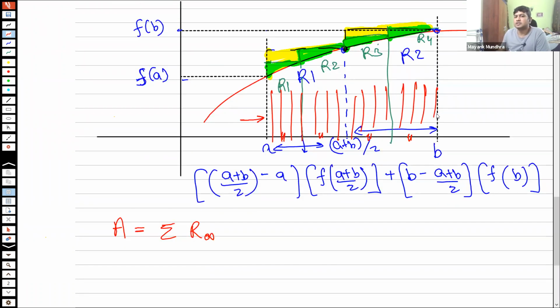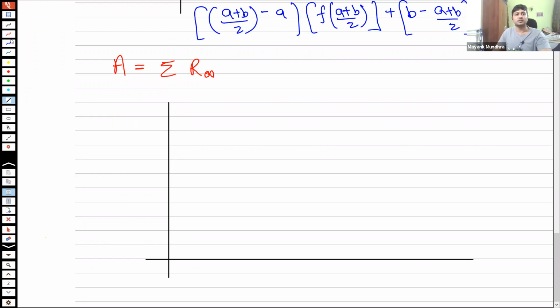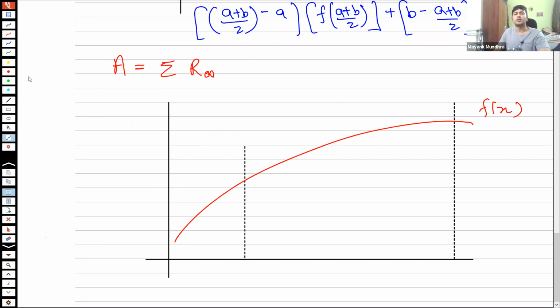So when you break up this length of A to B into infinite rectangles, the width of each rectangle becomes 0. So what Leibniz did is, he said, consider the same function f of x going from A to B. He says, break it down into infinite small rectangles of width dx.